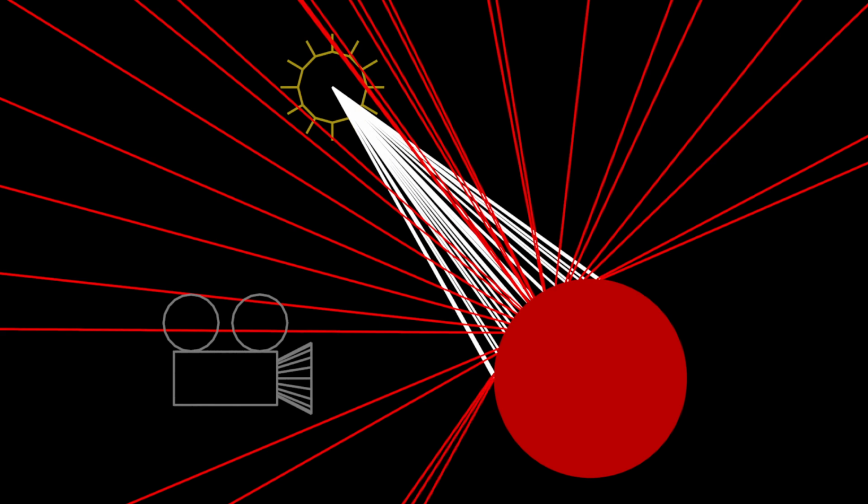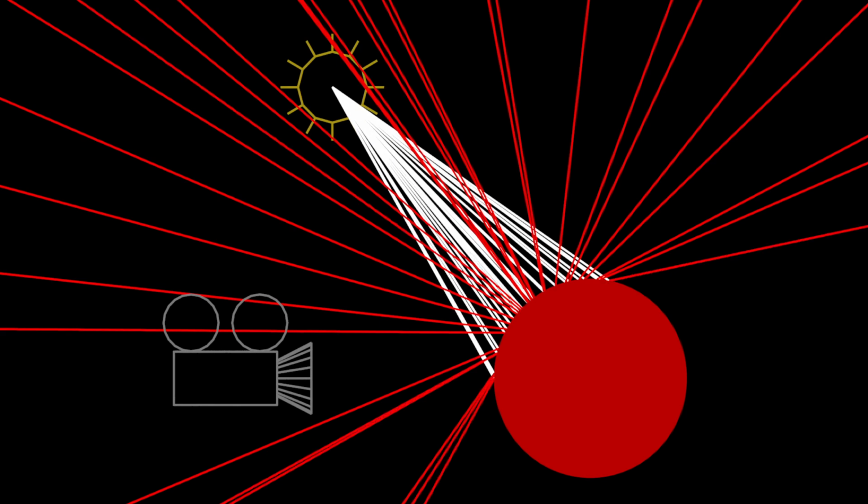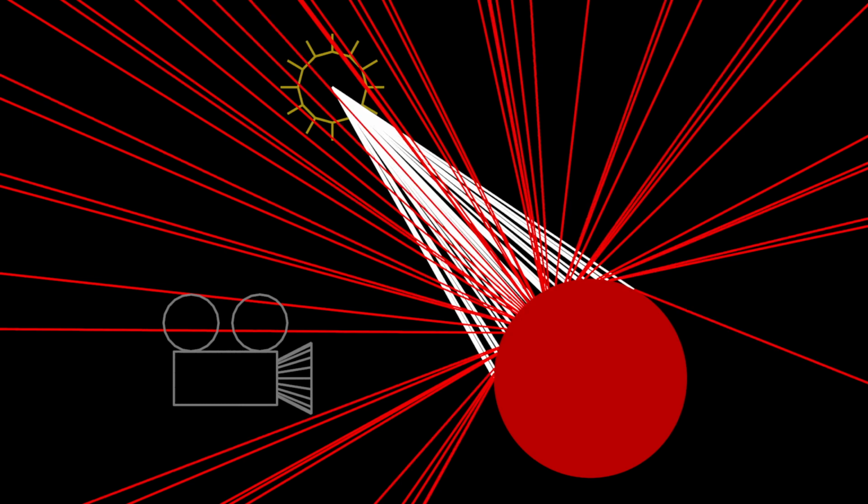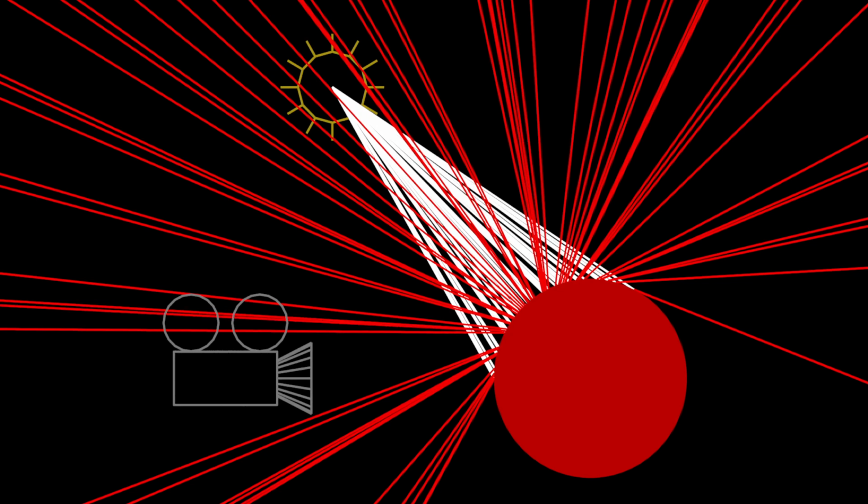One light ray at a time would leave the sun and bounce off the ground and off objects in the scene, and we would keep following the ray's path until it disappeared into the infinite distance or it hit the camera lens. But how many of these light rays are going to hit the lens? Almost none of them. This scheme is hugely wasteful of our precious computer time.